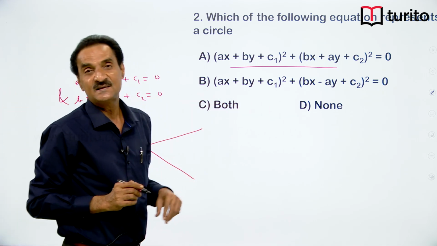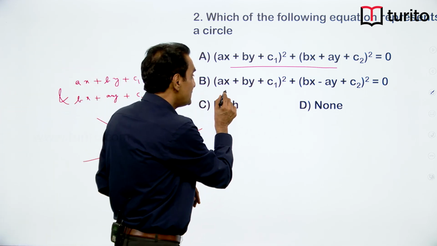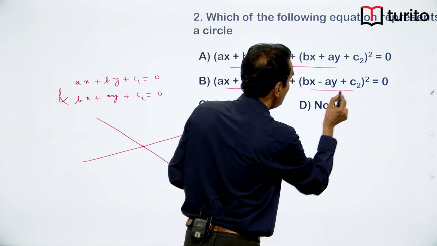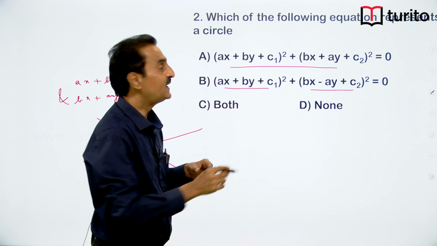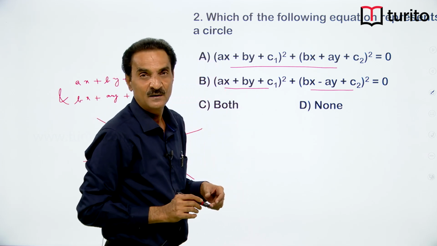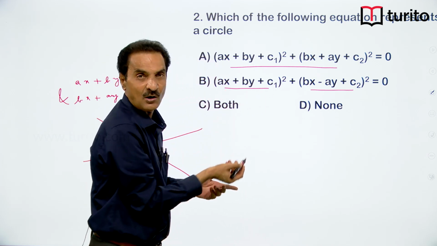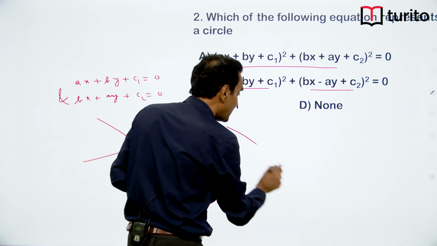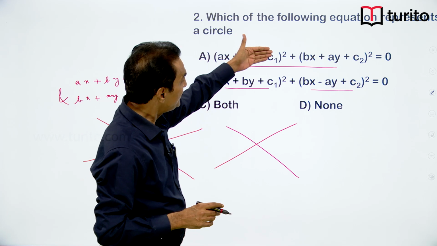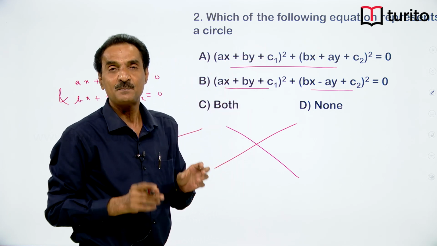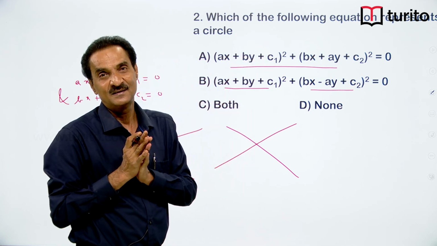Now, let us take the second. In the second also, we have two perfect squares. If the sum is 0, then each term is 0. And again the lines are non-parallel. So, again you are going to get the point of intersection. So, both this equation and this equation represent one point.